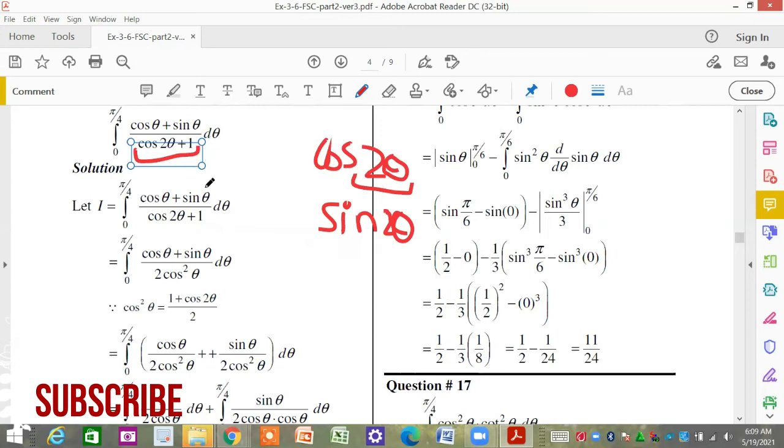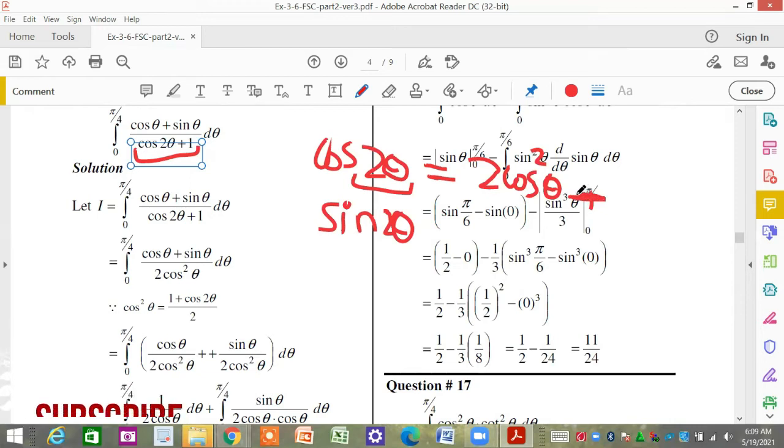So cos of 2 theta will be equal to 2 cos square theta minus 1. This is a formula we had read in our previous classes in our trigonometry section.